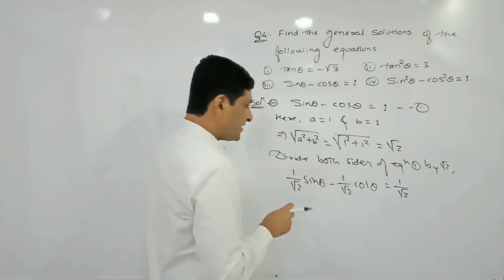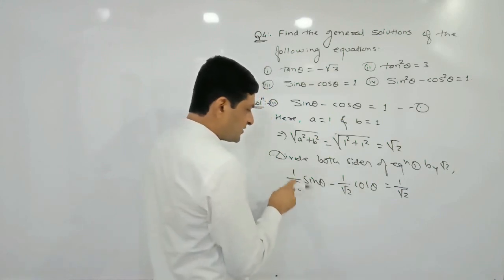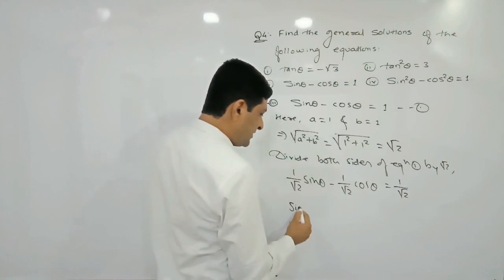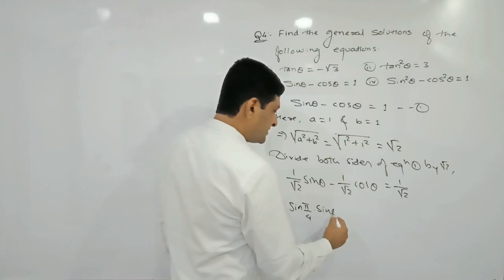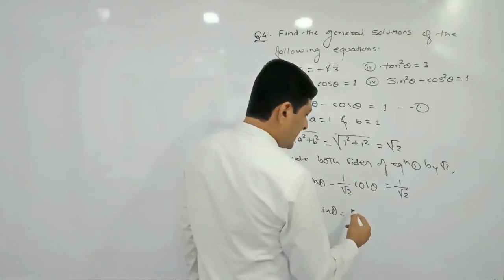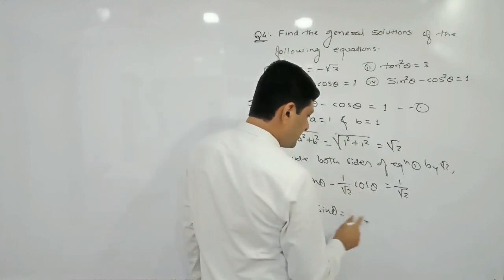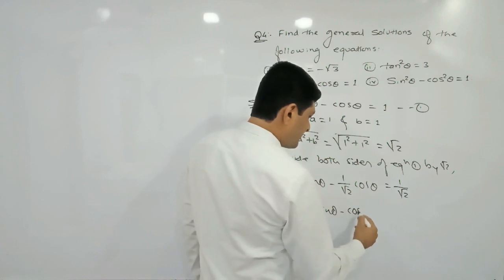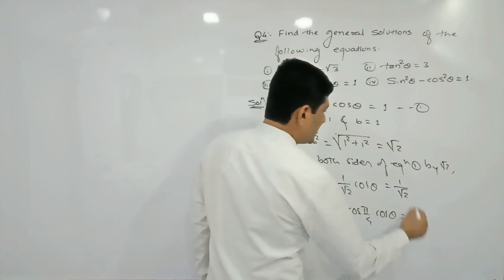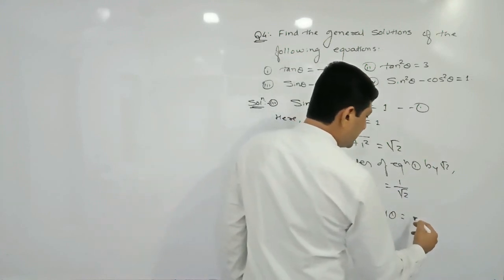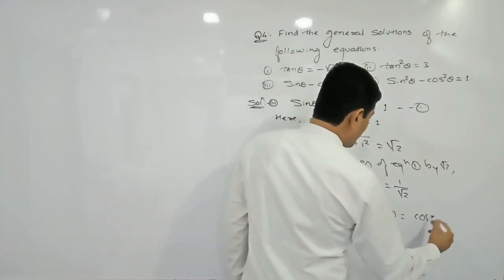To convert it, let us replace 1 by root 2 by sin pi by 4, meaning sin 45. Sin theta, keep it as it is. Here also 1 by root 2 can be replaced by cos 45, so cos pi by 4 into cos theta, keep it as it is, and 1 by root 2 on this side can be replaced by cos 45.